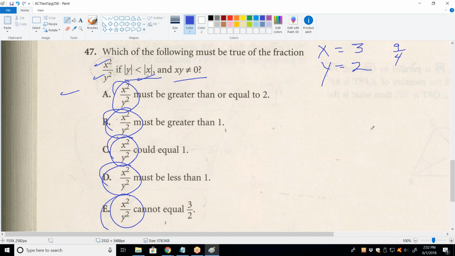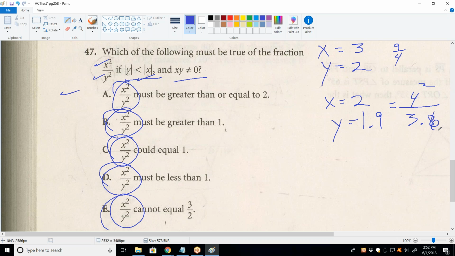But I can tell that these don't have to be integers. Nowhere does it say they have to be integers. So if I were to have made X equal 2 and Y equal 1, how about if I make Y equal 1.9? Now I've got 4 squared over almost, what is that, 3.8? 3.61.